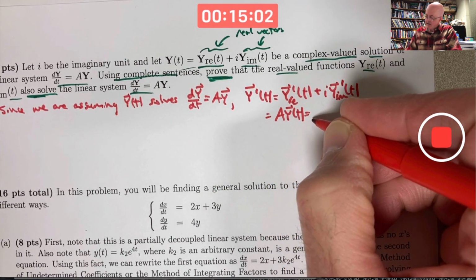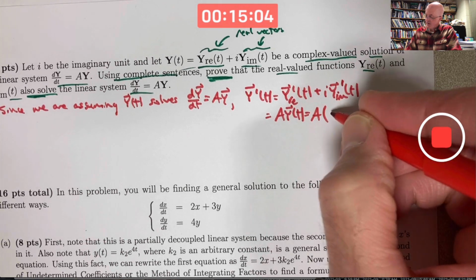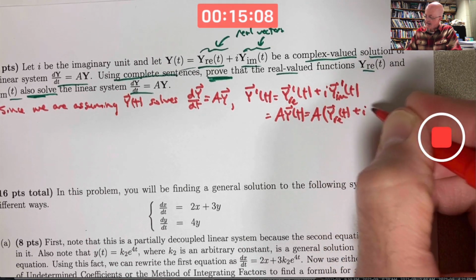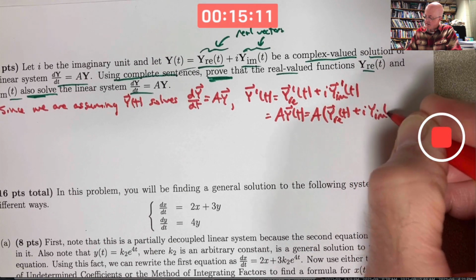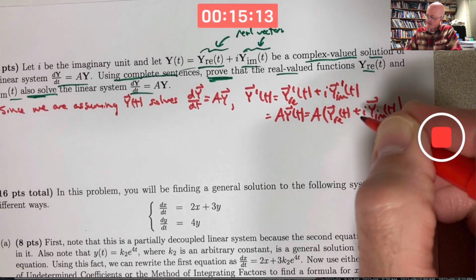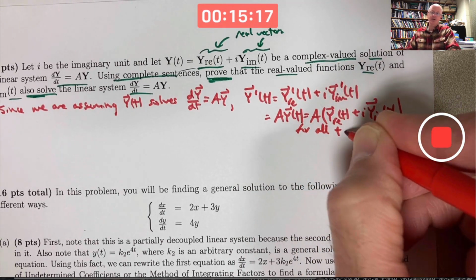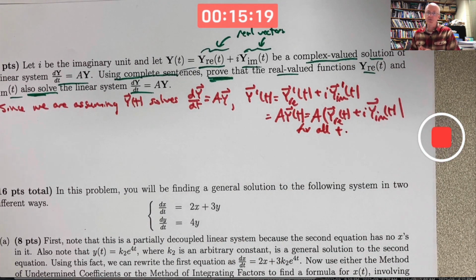But A times y of t is A times, in parentheses, yre of t plus I times yim of t. And yes, I do like to emphasize this is true for all t. Okay, that's what it means to solve the differential equation. You want this to be true for all t, and that really did happen in number 1 as well.